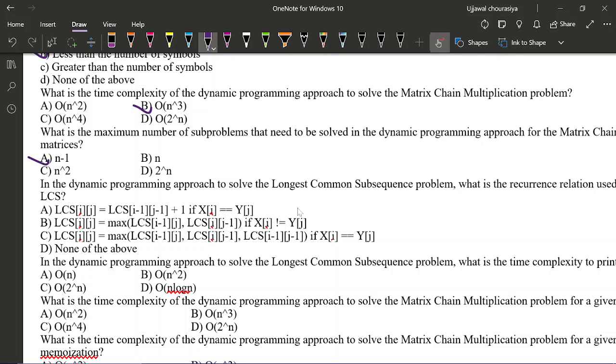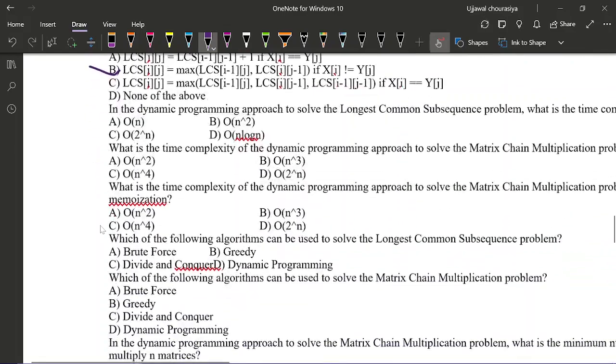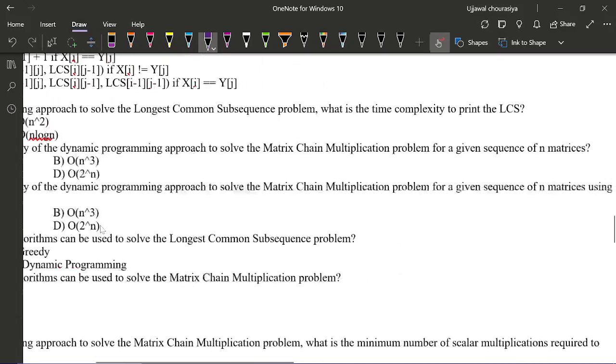In the dynamic approach to solve the longest common subsequence, what recurrence relation is used? Its answer is LCS i j, max of. Its answer is B. In the dynamic programming approach to solve the longest common subsequence problem, what is the time complexity?